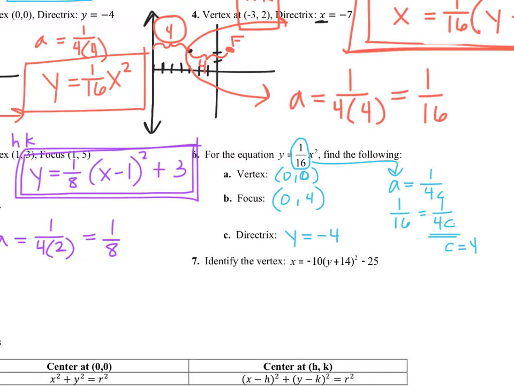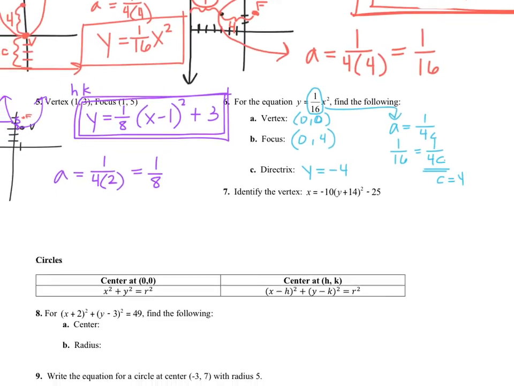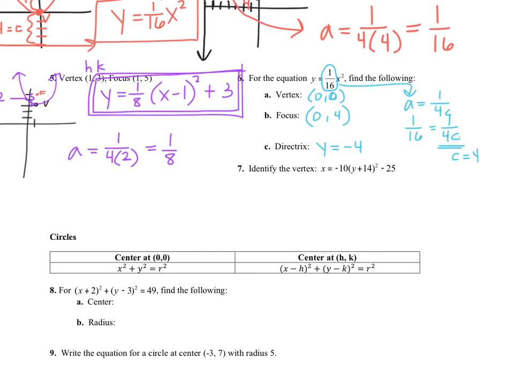Okay, and then last one of this page, and then we'll move on to circles. It says identify the vertex. And remember in this setup, your formula for the equation of this type of parabola is x equals a times (y minus k) squared plus h, right?